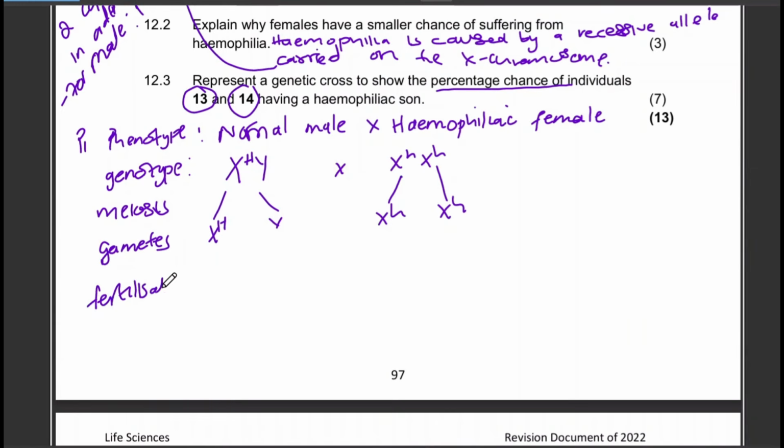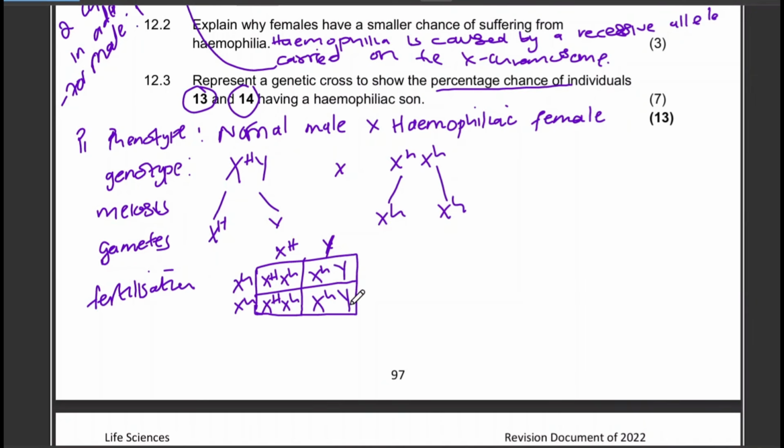You can do your cross or a Punnett square. It's up to you. I'm just going to do a Punnett square quickly. Gametes for parent 1 on top, gametes for parent 2 at the bottom. Okay, then X capital letter H, X small letter h, X capital letter H, X small letter h, X small letter h, Y, X small letter h, Y. All right.